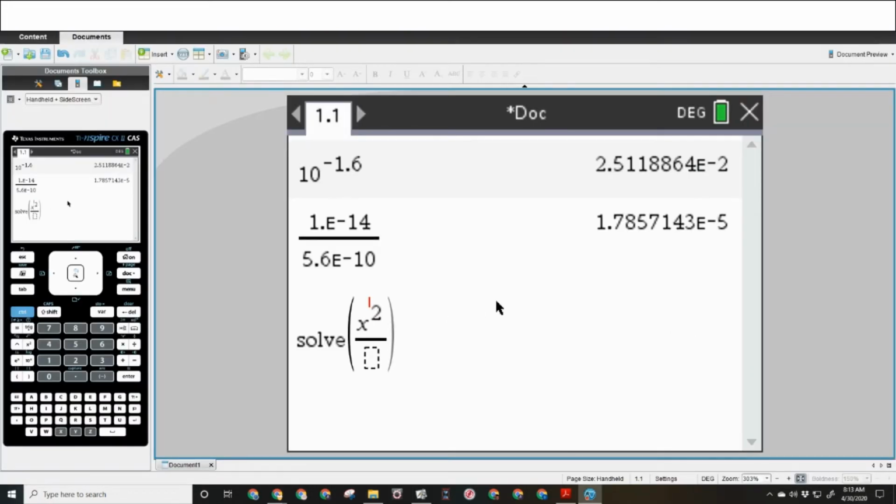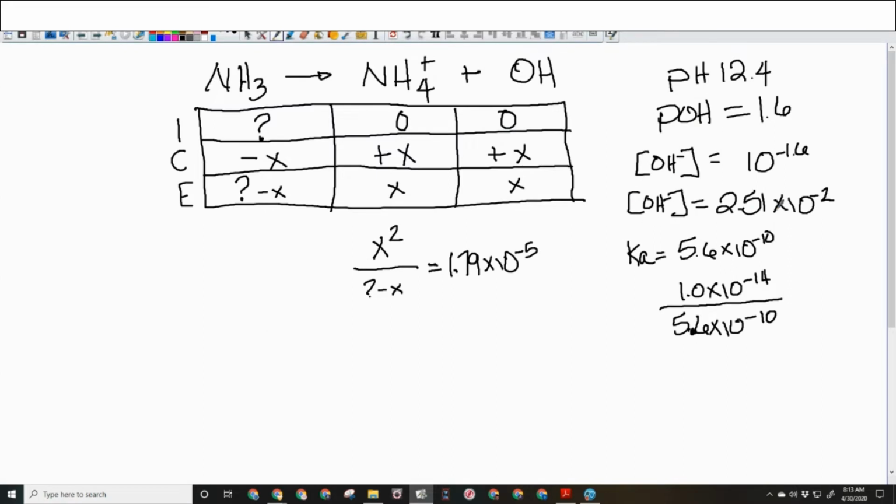We're going to substitute in our value for x there. Let me go back to here. We got the concentration of x because the concentration of hydroxide from the pH is 2.51 times 10 to the negative 2, so we can substitute that in there. Okay, I forgot that step.